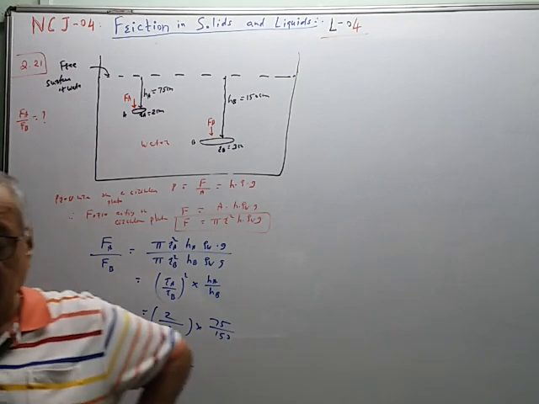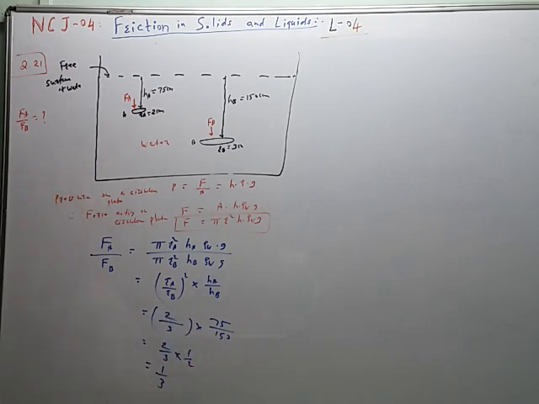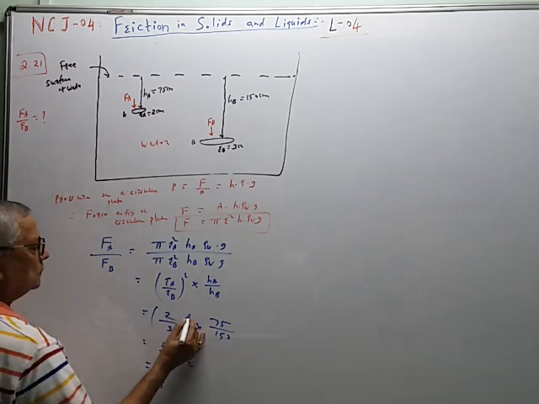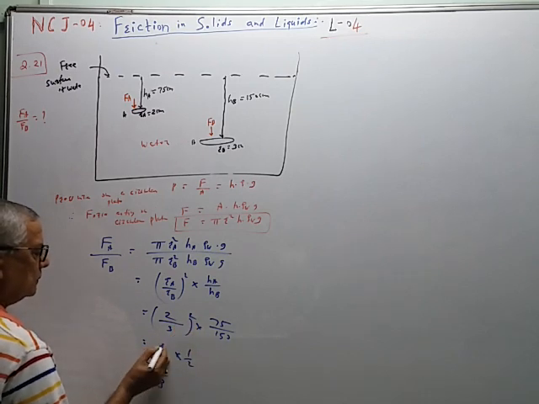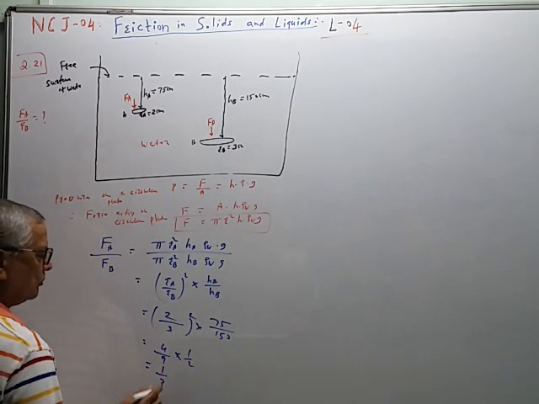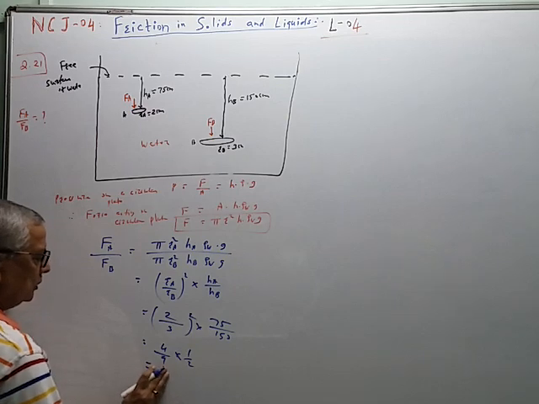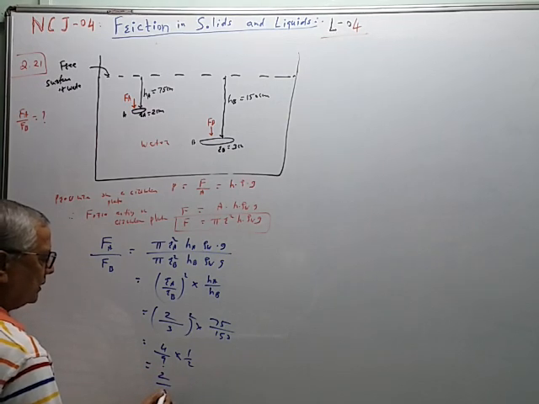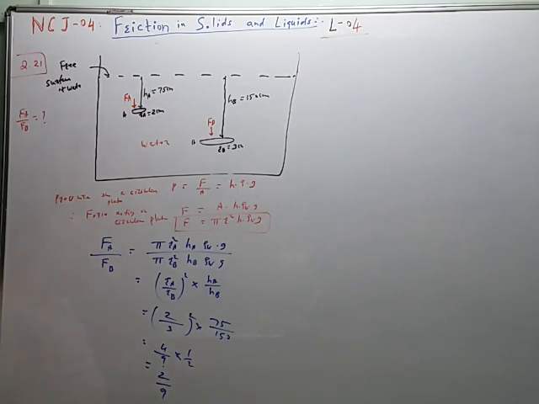So ratio is, sorry, this is square. So this is 4 by 9 times 1 by 2, so this is equal to 2 by 9. FA upon FB is equal to 2 by 9. C choice is correct.